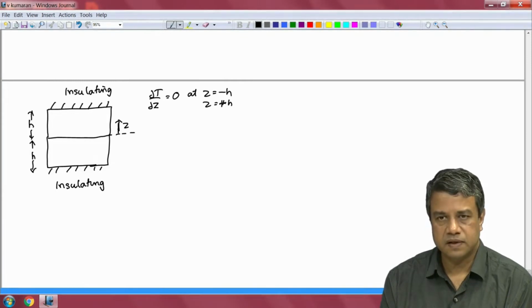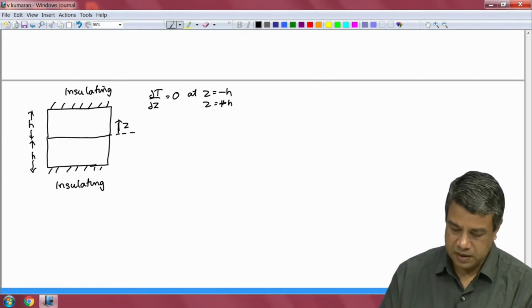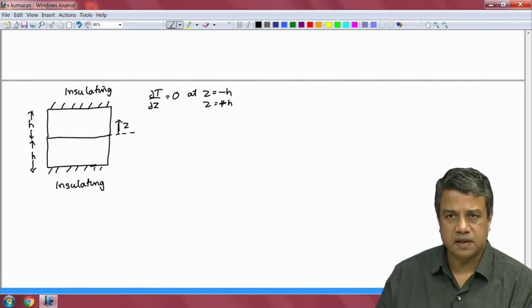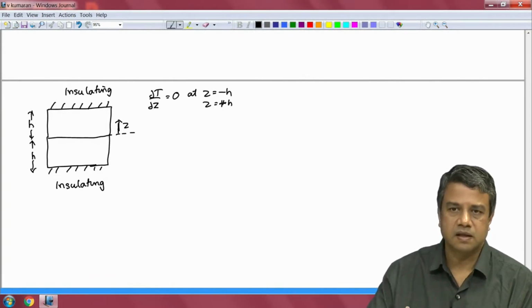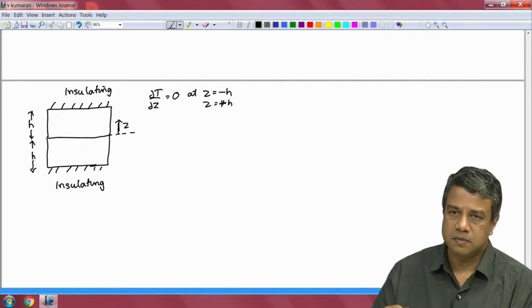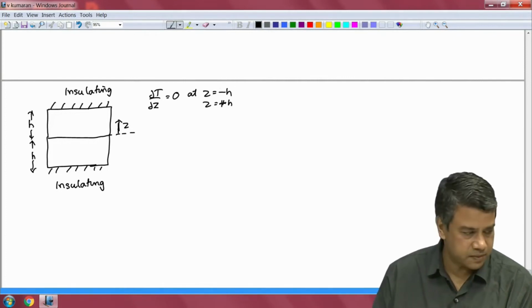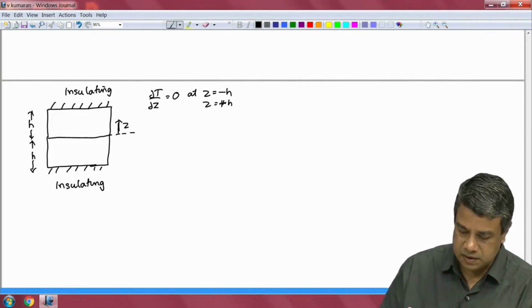And at the interface, of course, the temperature has to be equal and the temperature gradient also has to be equal. The flux has to be equal at the interface. And since both the materials have equal thermal conductivity, that means that the temperature just has to be a continuous function there.